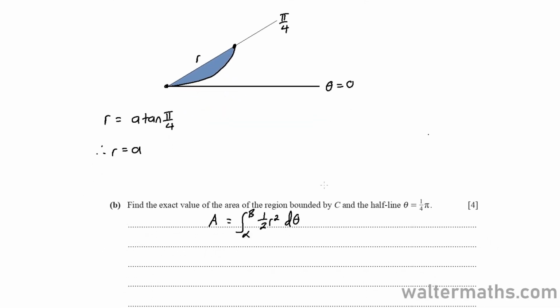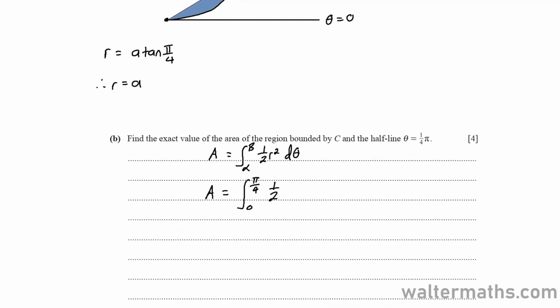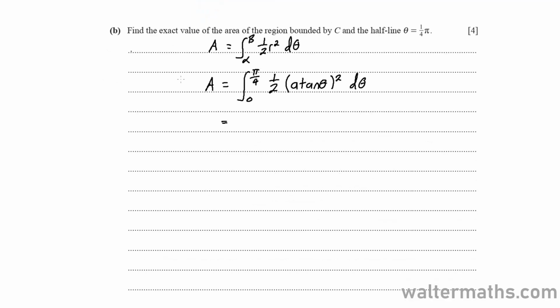In this case, area will be the integral from 0 to pi over 4 of half of r squared. Now, r is a tan theta, so we will have here a tan theta whole squared, with respect to theta. So this will be the integral from 0 to pi over 4 of half of a squared tan squared theta with respect to theta.